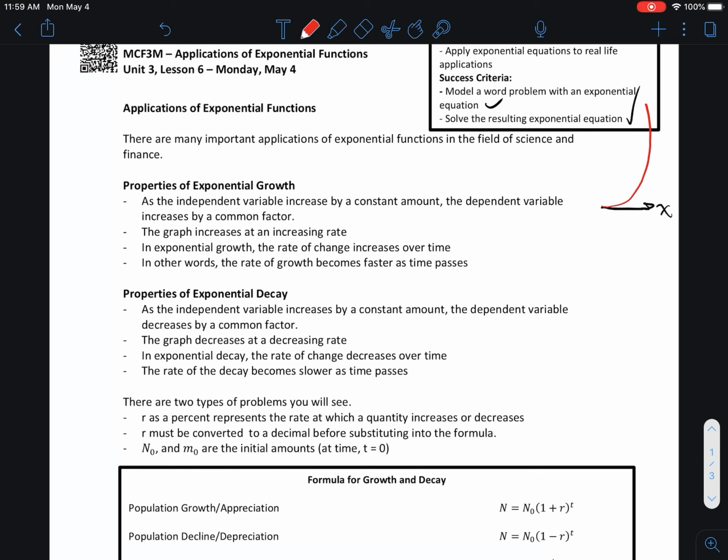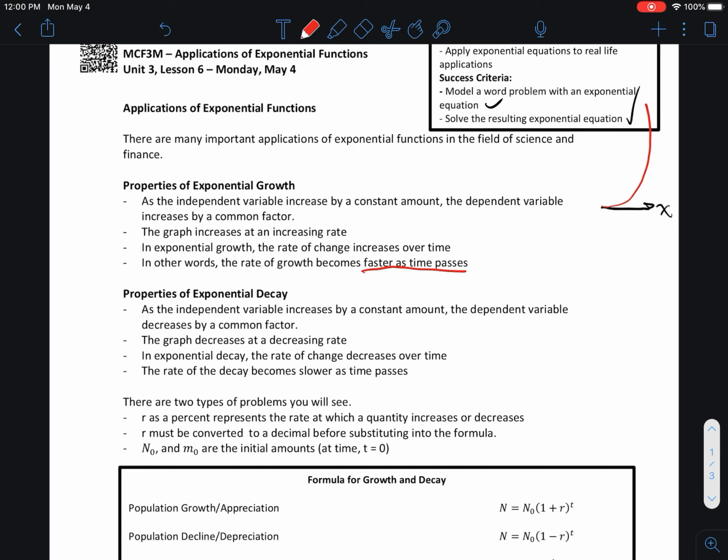It's increasing by a common factor each time, so it's getting two times bigger, and it creates what we call exponential growth, okay? The graph increases at an increasing rate. In exponential growth, the rate of change increases over time, so it's continually getting bigger and bigger. In other words, the rate of growth becomes faster as time passes, okay?